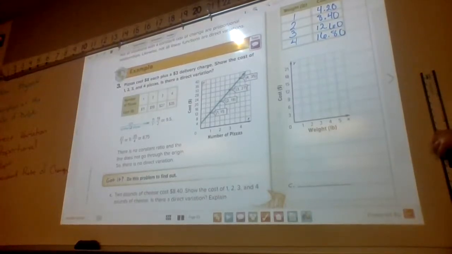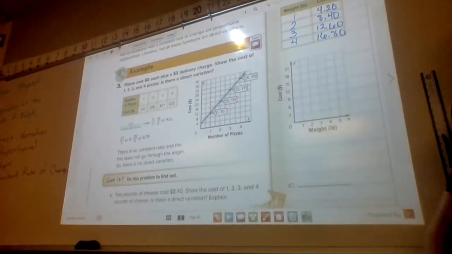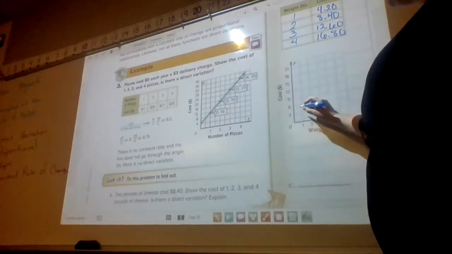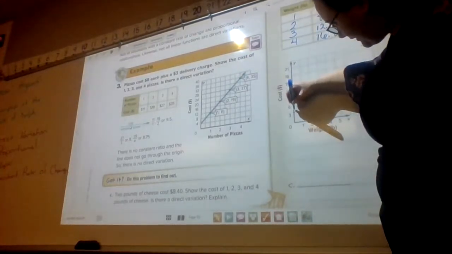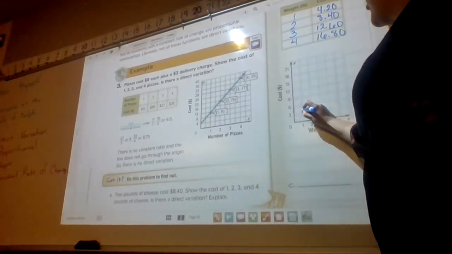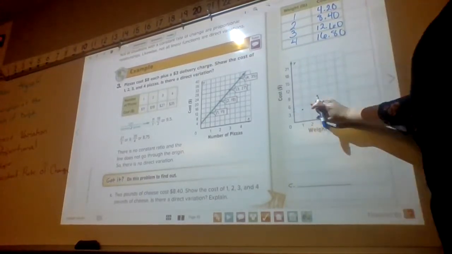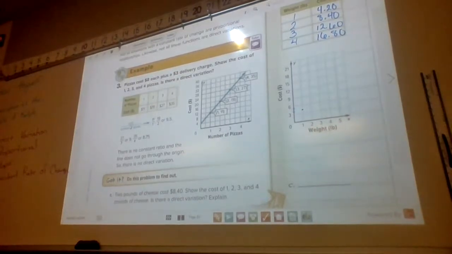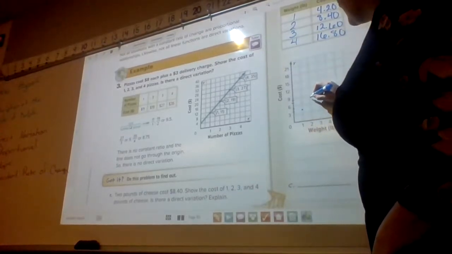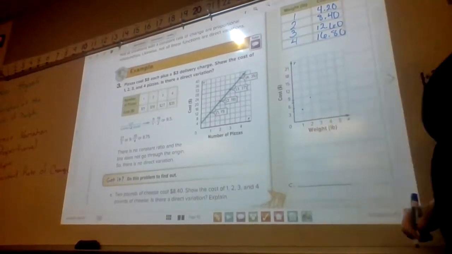What do you think we're going to do next? I'm going to graph it. Then it skip counts. So we have 1, and you have to figure out, he has about $4, he has about $5. We need somewhere close to this $4.20. So it's somewhere in there. 2, let's see, there's a 7, there's an 8, so we go to about an $8.40.